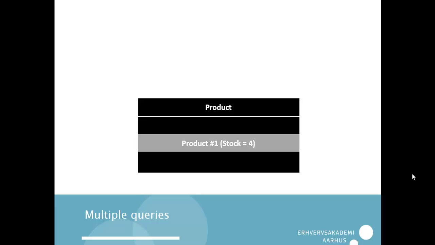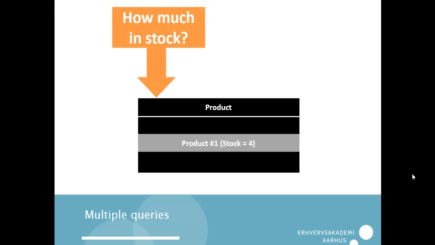Let's say we have 4 products in our stock, in our warehouse, and then one customer comes and asks how much we have in the stock, and we say to the customer, we have 4.